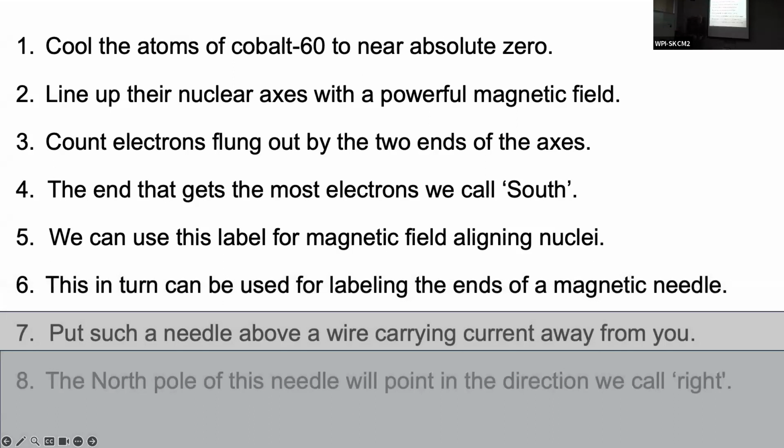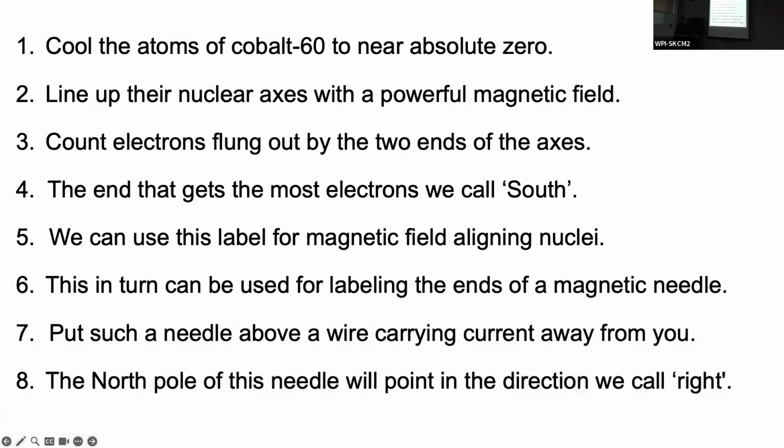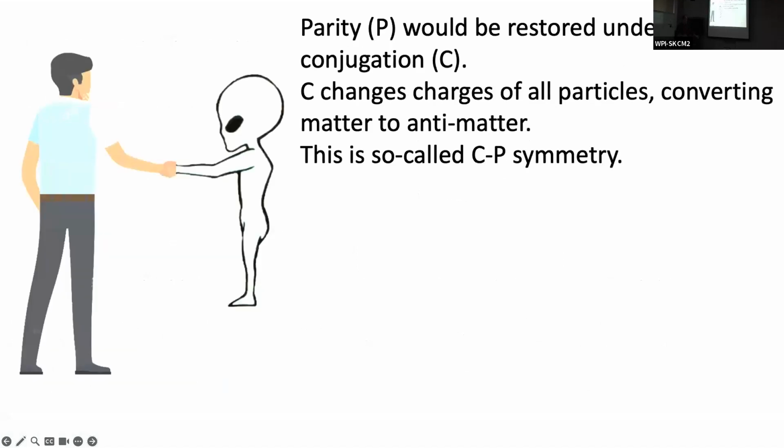We can explain how to make a battery and a wire, and we can say that the current is the direction that the electrons aren't going, and we can say put the needle that you've just labeled above the wire whose current is going away from you, and then we can say that the north pole of that needle will point in the direction that we call right, and that will do it. We have communicated this difference to an intelligent being on planet X.